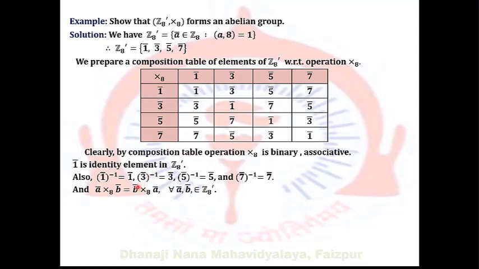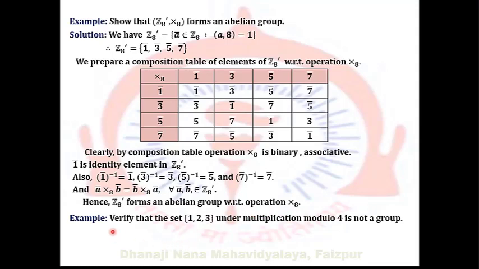And A bar into B bar is equal to B bar into A bar with respect to the operation multiplication modulo 8 for all A bar and B bar belonging to Z8 dash. So from that we can say Z8 dash forms an abelian group with respect to the operation multiplication modulo 8.